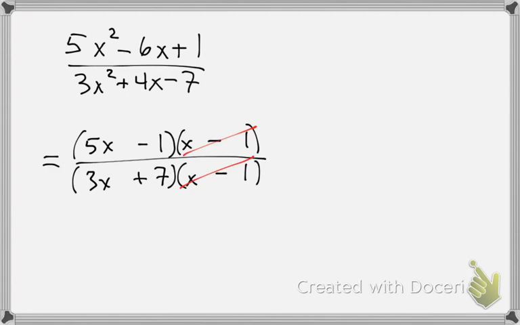Something divided by itself is 1. Something will go into itself one time. So we can cancel, and we're left with 5x minus 1 over 3x plus 7. Now, this is a shooting star, the more you know, reach for the future type thing.